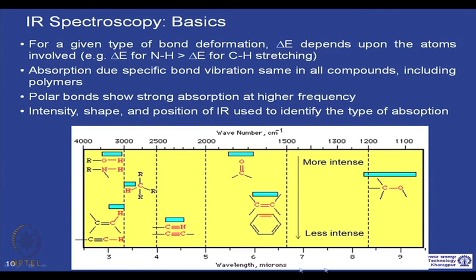So, this is basically a guideline for where the peaks come corresponding to a functional group. Polar bonds generally show strong absorption at higher frequency, and the intensity, shape and position of these IR bands are typically used to identify the type of absorption.